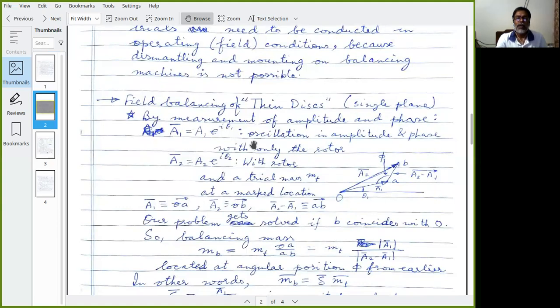So first, how do you measure phase? In one transverse direction, you measure the amplitude, and at the same time, the way the displacement varies gives you a sinusoidal wave.